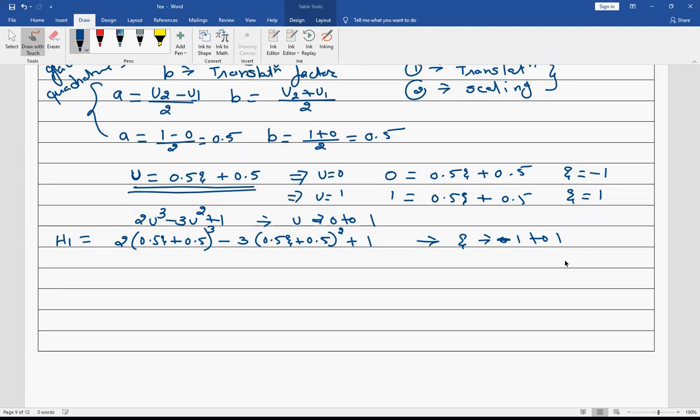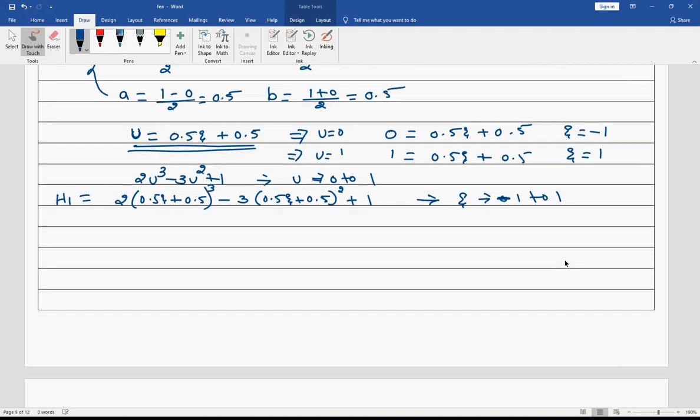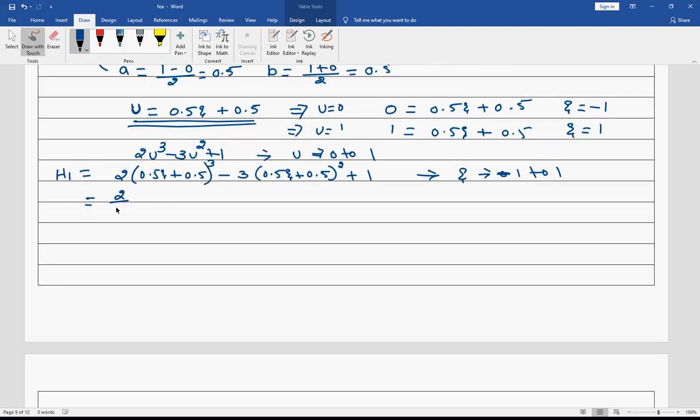So I get 2. So 0.5 I can take out common and I have a cube. So I could write 2 by 8. Okay. Then I could write this as (xi plus 1) cube, and I am just trying to simplify.